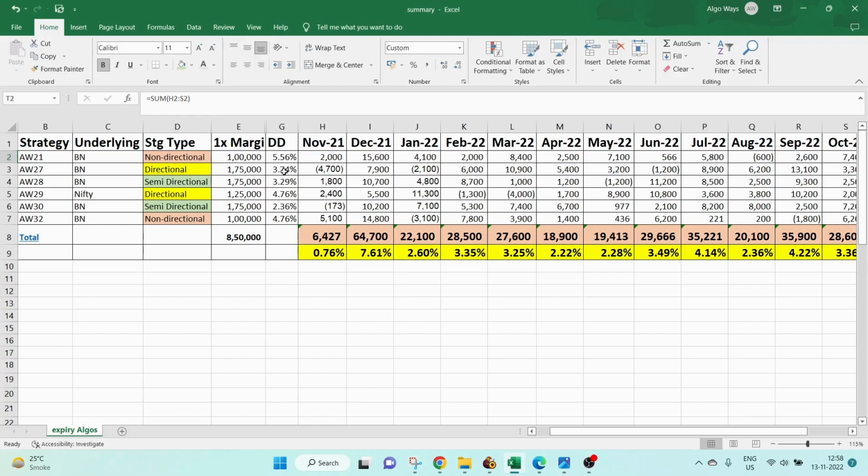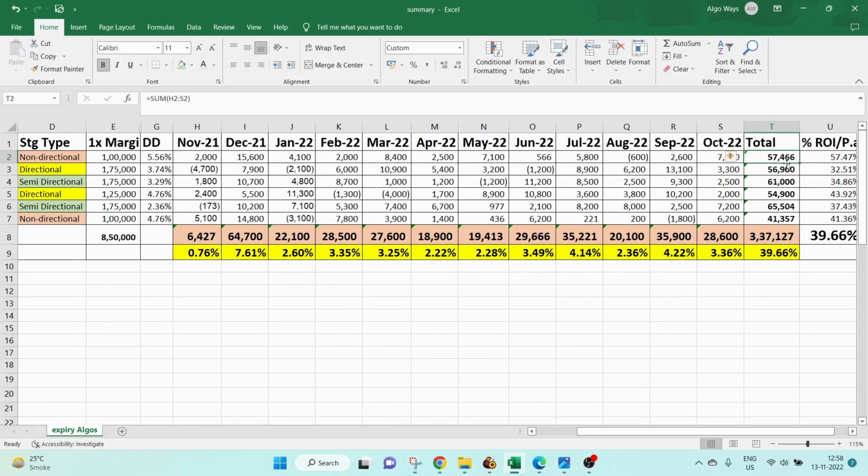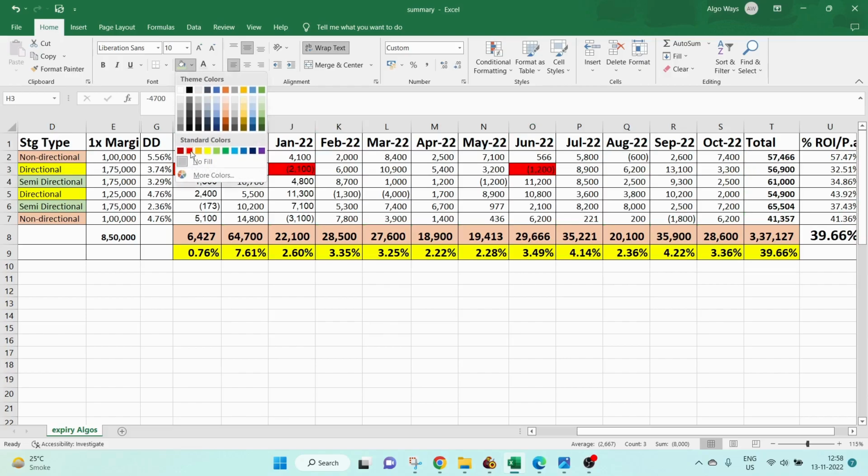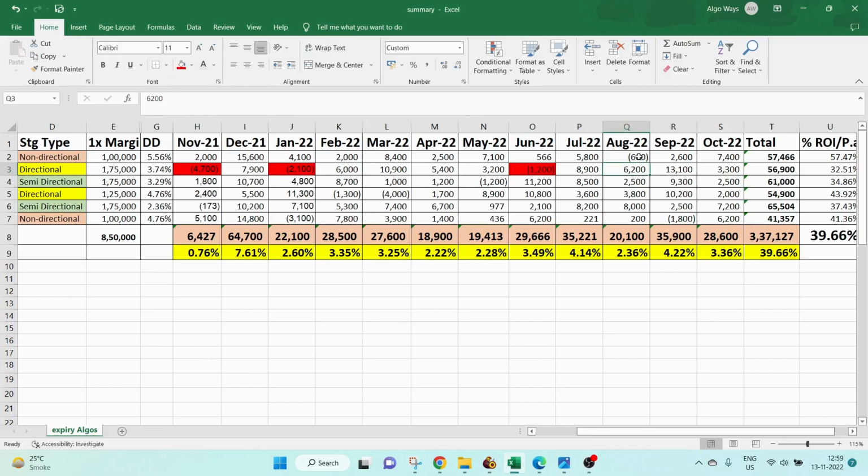The drawdown has been 3.74% and it has given 56,900 rupees, which comes to around 2.7% per month, and it has 3 months as negative months. Let me just highlight those negative months. Here we have 1 month negative.